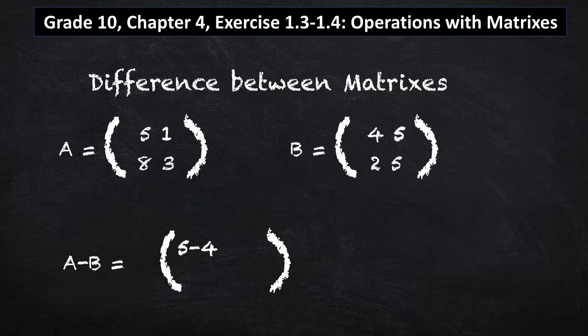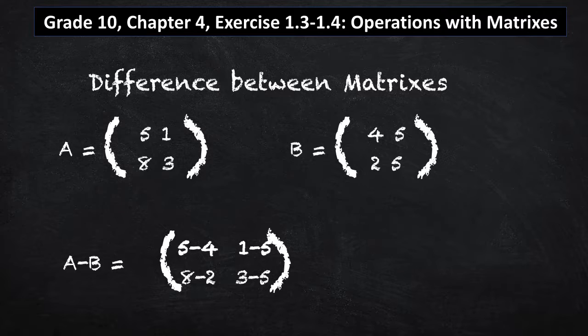In the same way, in the element 1, 2 of the matrix A minus B, we will find the element 1 minus the element 5, so 1 minus 5. In the second row, we will find 8 minus 2 in position 2, 1, and 3 minus 5 in position 2, 2.